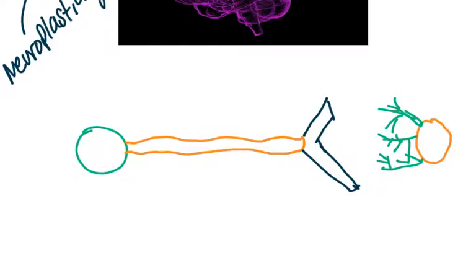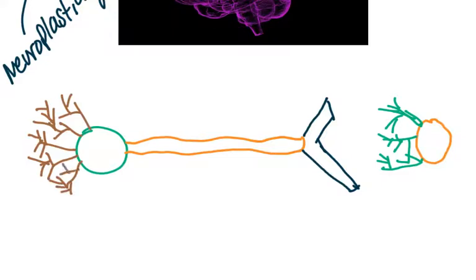Also, we're going to talk about white matter versus gray matter in the central nervous system in another video. If we want, we can draw dendrites on this too. Just remember that in general we're talking about neurons in the brain. White matter is known as long axons that are myelinated, but gray matter in the central nervous system is known as a bunch of cell bodies that have dendrites on them.